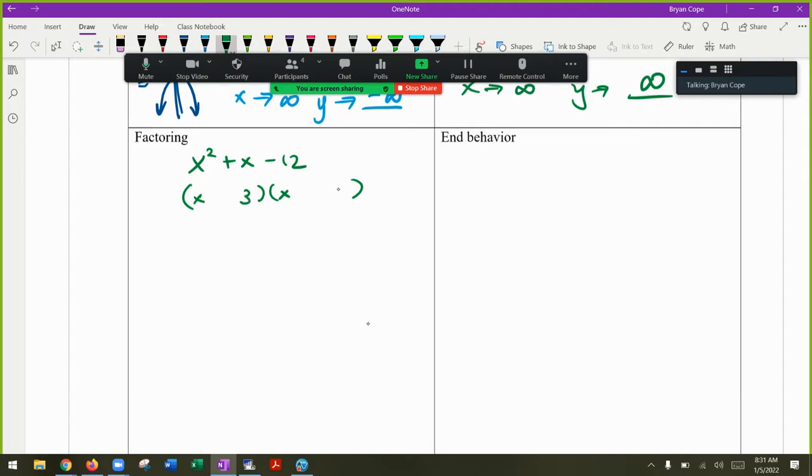Which one gets the negative? The 3 gets the negative, right? Because that inner product we want to be positive x, okay? So easy ones like that, as well as hard ones where it's something like this: x to the third plus 6x squared plus 8x.